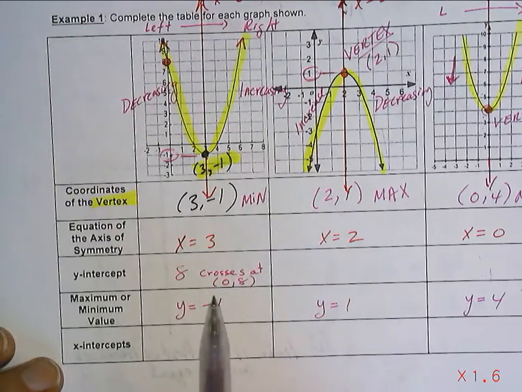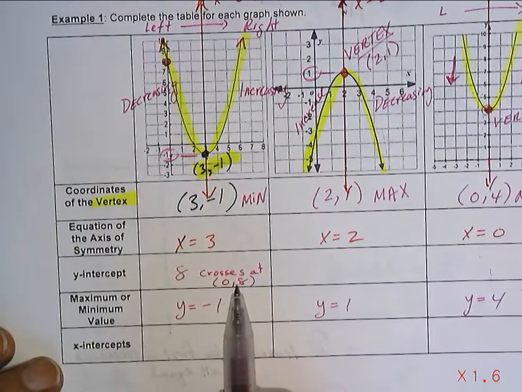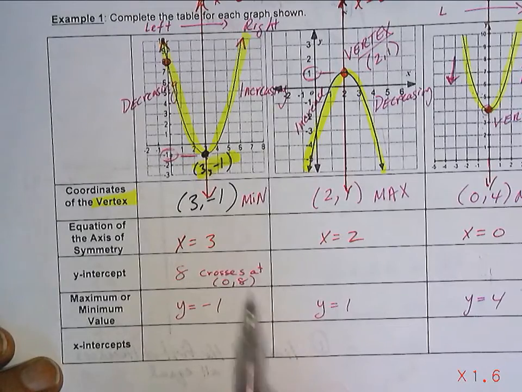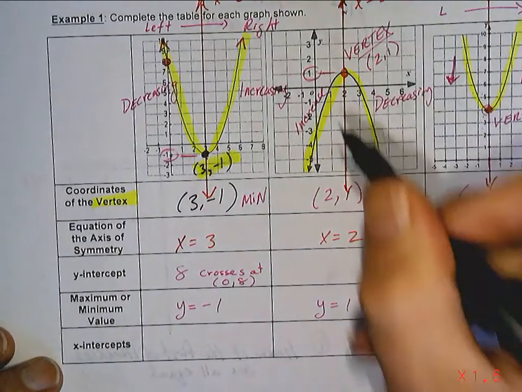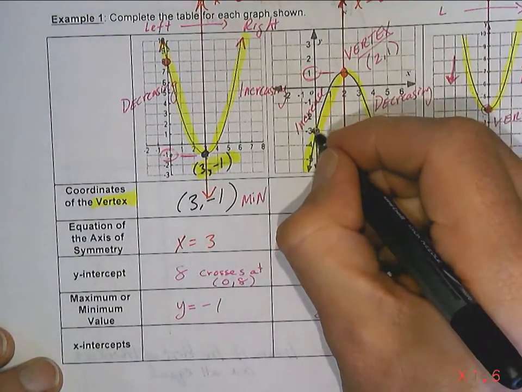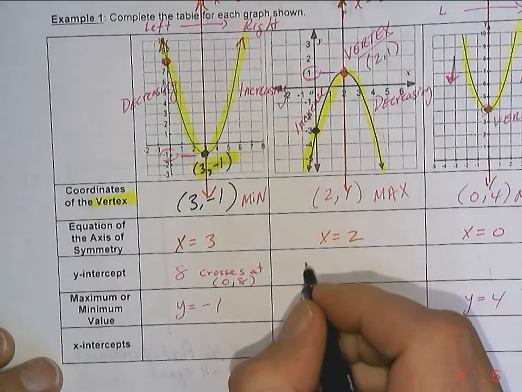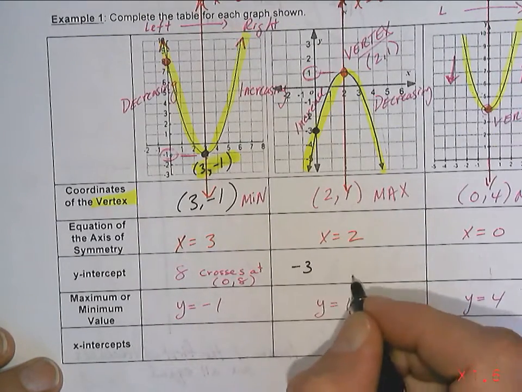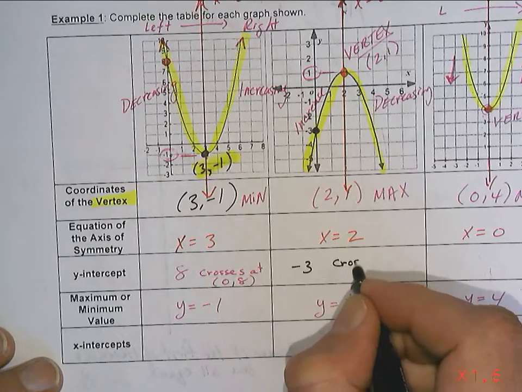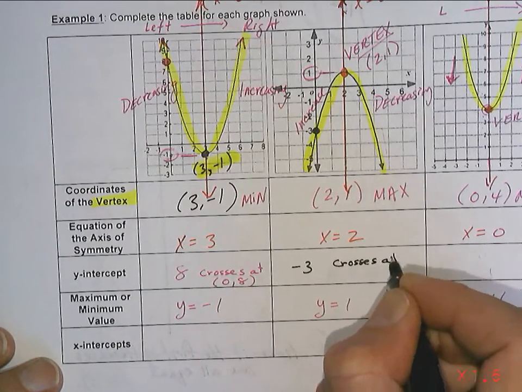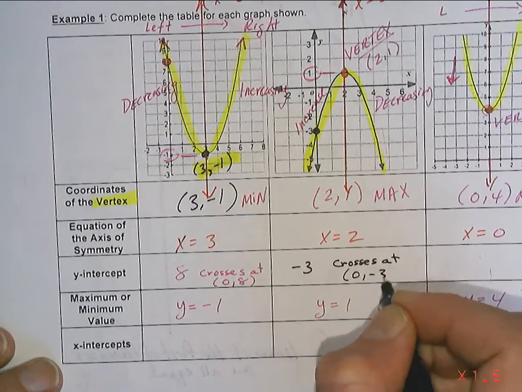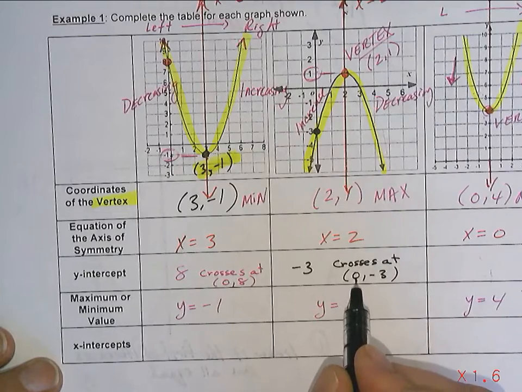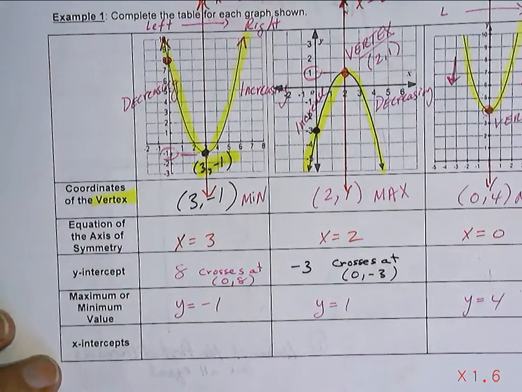So when x equals 0, the y value is 8. And then the next one, you sort of have to look at it, and I can see it here. It has a y-intercept of -3, which means that it crosses at 0, -3. So when x is 0, y is -3.